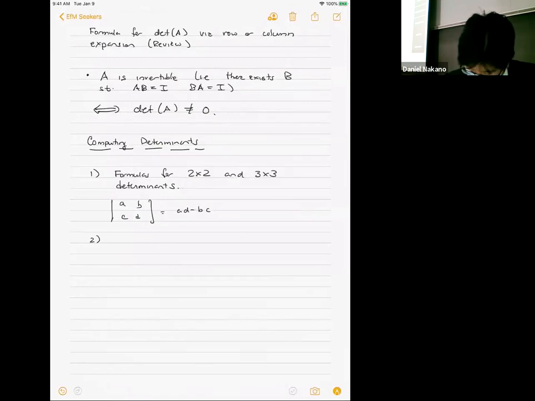You should also know how to compute determinants using cofactors and row or column expansion.